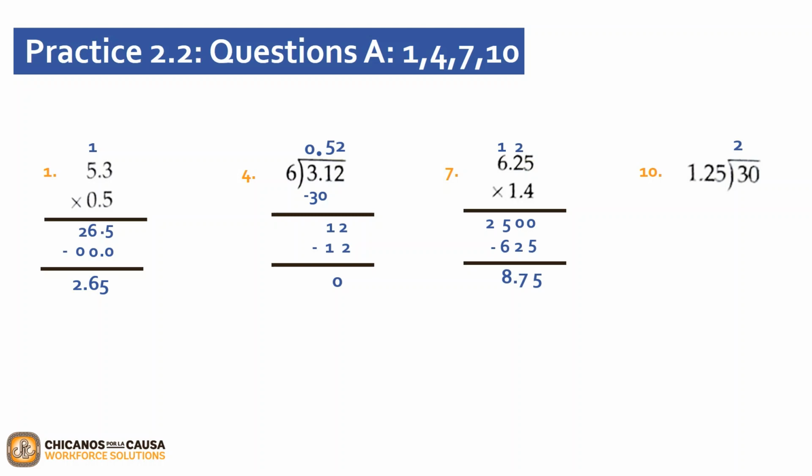So 12.5 can get divided into 30 2 times. This gives us 25. So we're going to subtract that like always, which leaves us with 5. And then also we're going to bring down a 0. You might not see the 0 there, but it is in existence. So 12.5 gets divided into 50 4 times, giving us 50, which is nice. So that leaves us with a remainder of 0.